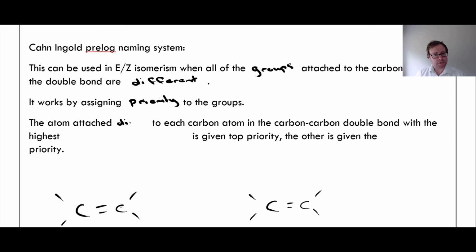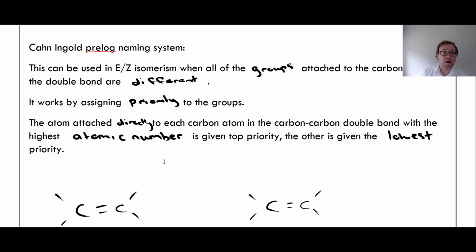The atom attached directly to each carbon atom in the carbon-carbon double bond with the highest atomic number is given the top priority, the other is given the lowest priority.